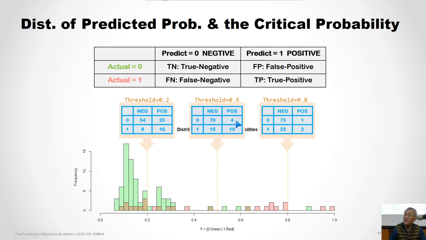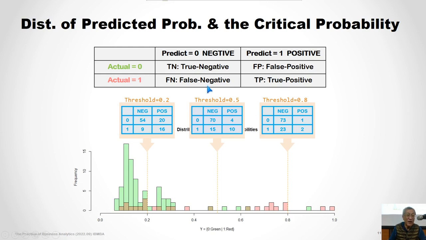So when you set the threshold here, you predict that for these 14 points the outcome is 1. But some of them are actually 1, some of them are not. Likewise, you are predicting 85 points with y equal to 0, but some of them are actually 0, and some of them are actually not.